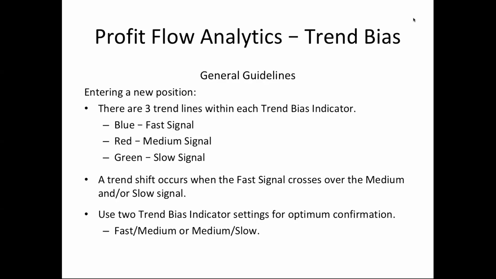Longer time frames, the trend bias is going to be set at medium and slow. So that allows us to tailor our trading and the trend bias indications to the time frame that we want to trade and to whether or not we're trading stock options, whether or not we're trading futures, or whether we're trading stocks.